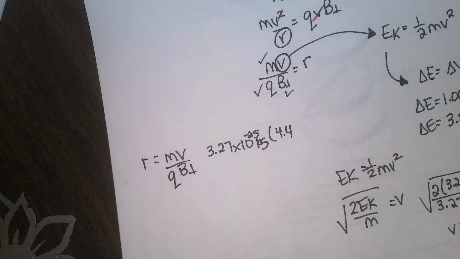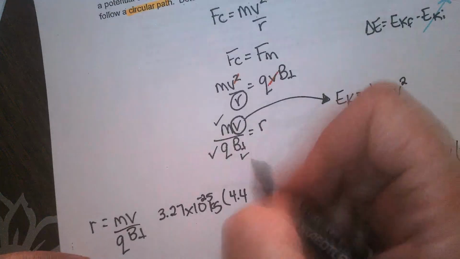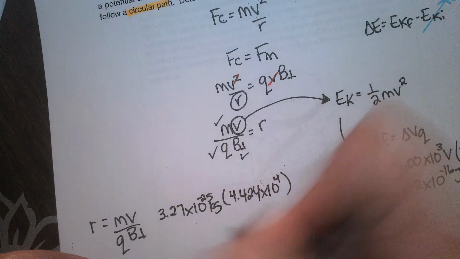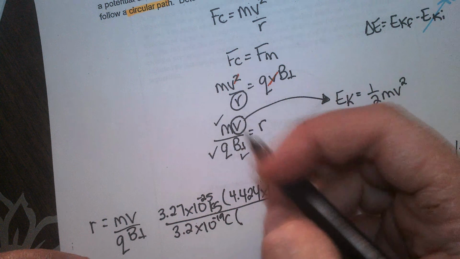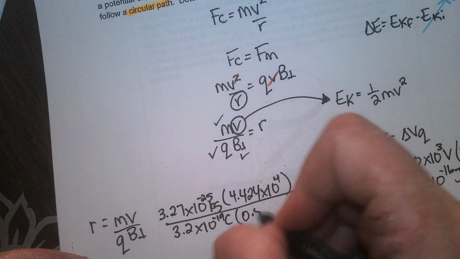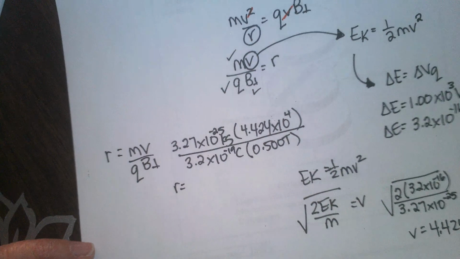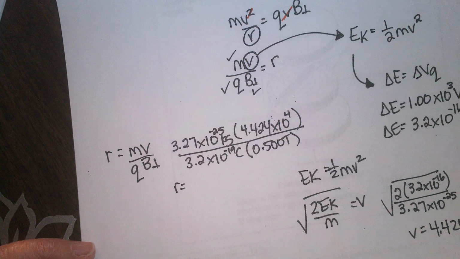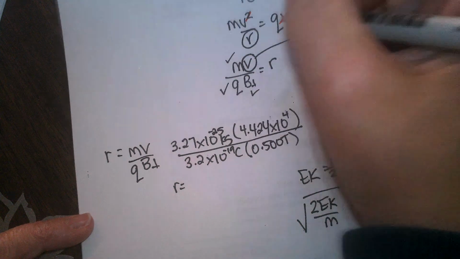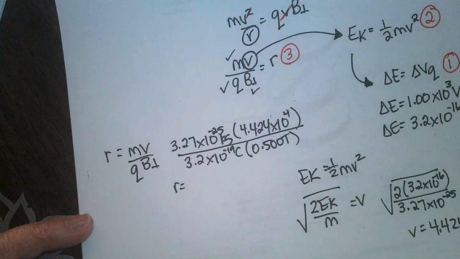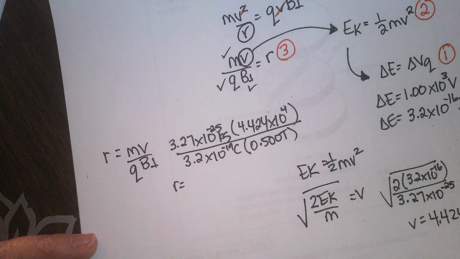Oh, well, we'll start from here. 4.4 times 10 to the 4 divided by change in V times the charge.